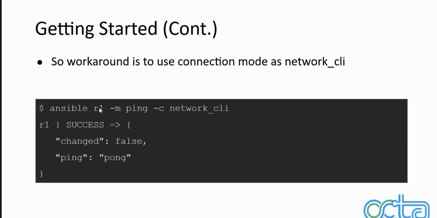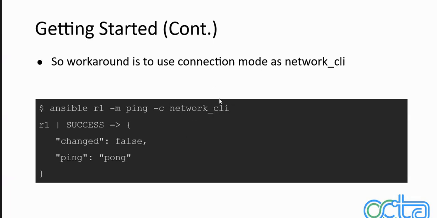So what we do is, when we are connecting to network devices, we have to select the connection mode by giving the -c flag. For giving this command, we have to specify the type of connection as network_cli.